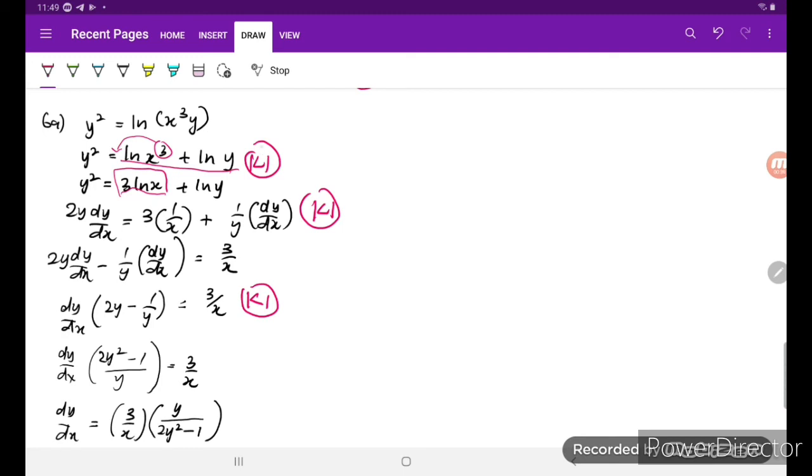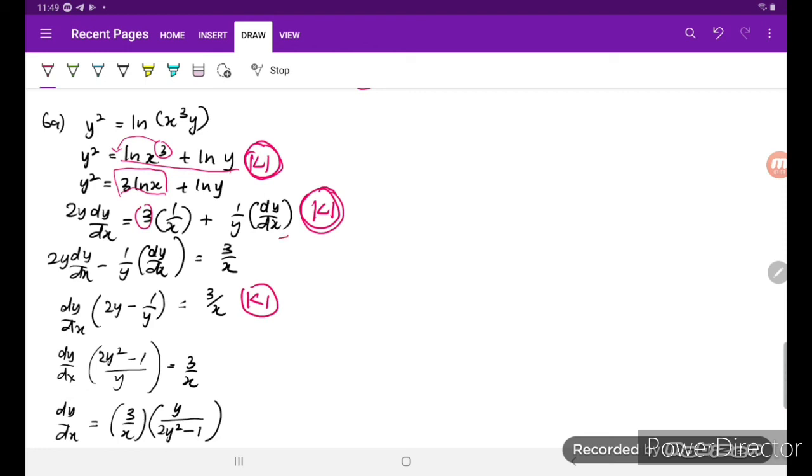So we will get K1 if you use the logarithmic theorem, and then for the second mark, you differentiate implicitly. Y squared becomes 2y dy dx. This one is a normal differentiation. Put 3 and then differentiate ln x, you will get 1 over x.